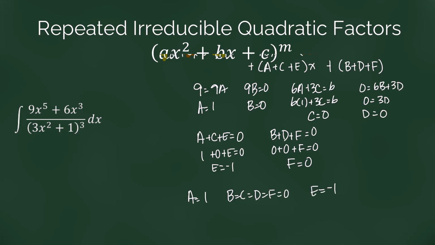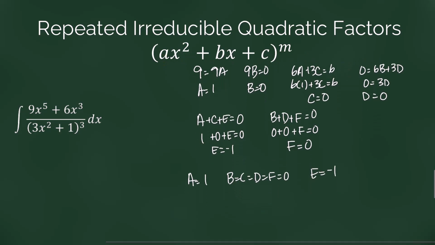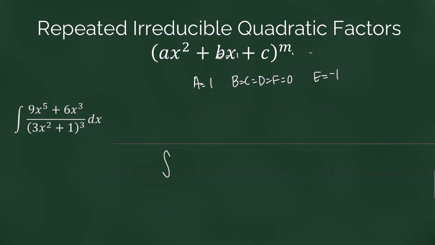All right, we can use this now to rewrite our integral. We started off with the integral of 9x to the 5th, 6x to the 3rd, all over 3x squared plus 1 dx. And we know that that is ax plus b. So that's 1x plus 0 over our denominator to the first power.